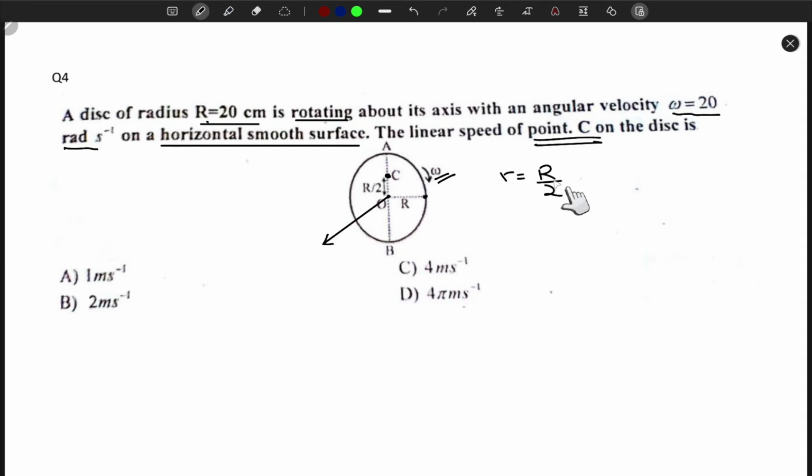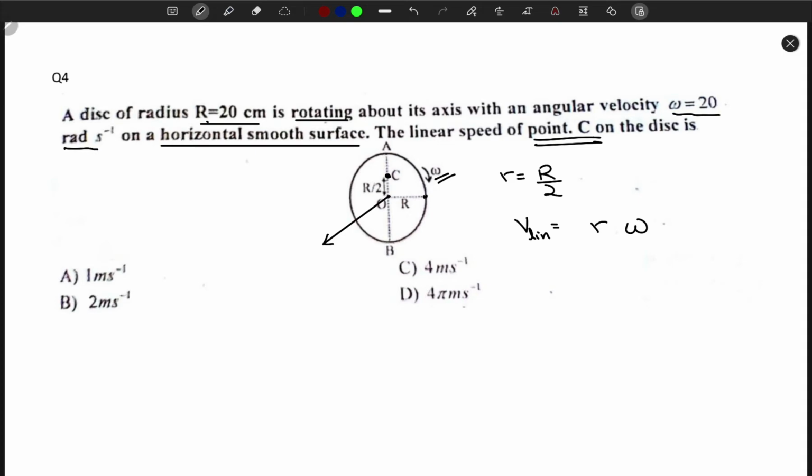Now remember what was the relationship between the tangential velocity or the linear speed? So the linear speed was related to omega with what? It was related to omega with r, right?